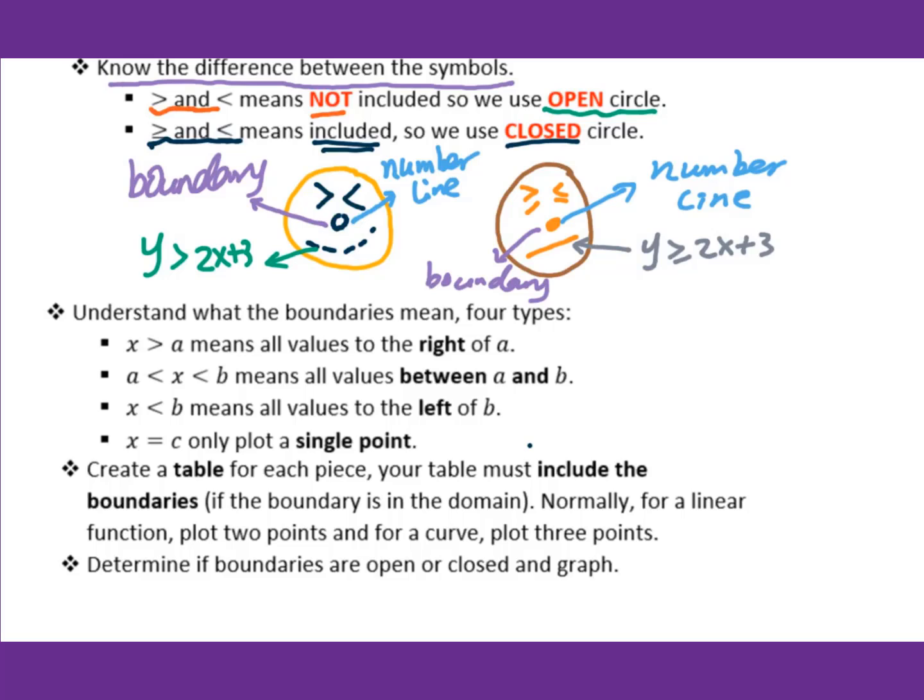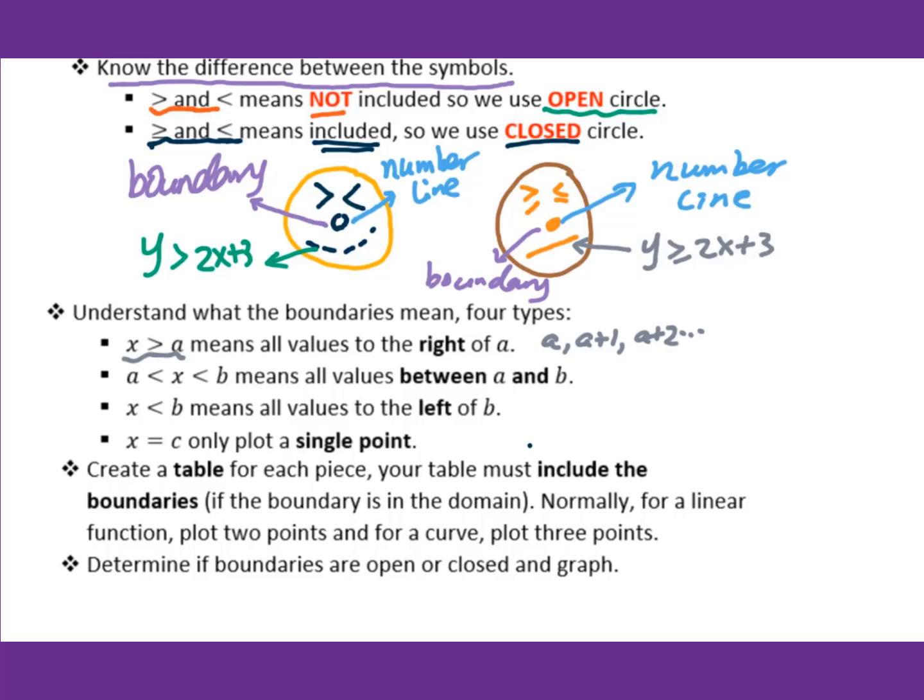Next, understand what the boundary means. We have 4 types of boundaries. X greater than a means all values to the right of a, which means when you set up the table you use a, a plus 1, a plus 2, and keep going.